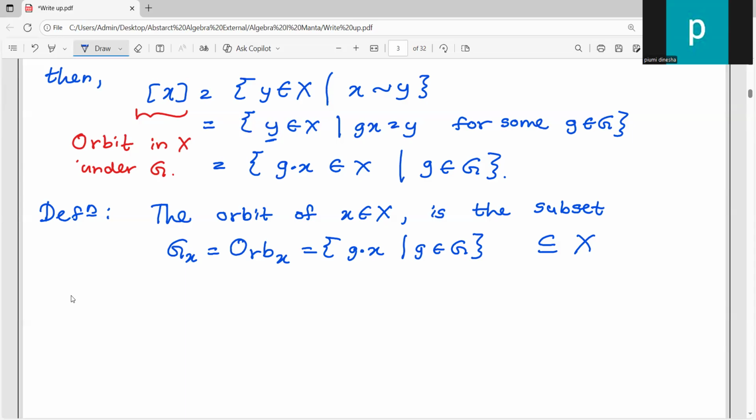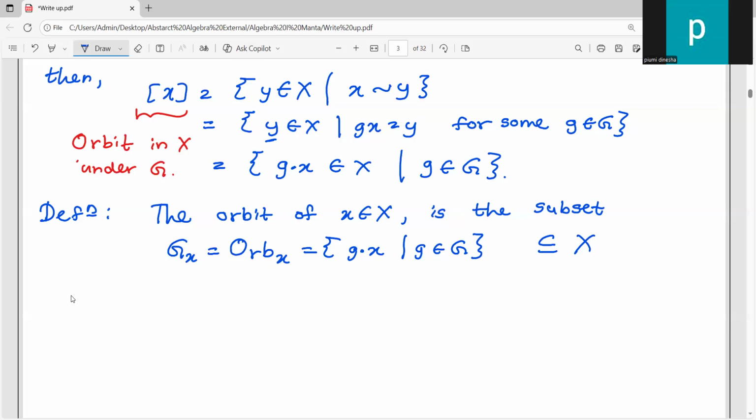So what we do is, for each element, we find all these orbits and we take all the distinct orbits, right? The union of all these distinct orbits must give you X by properties of equivalence classes.